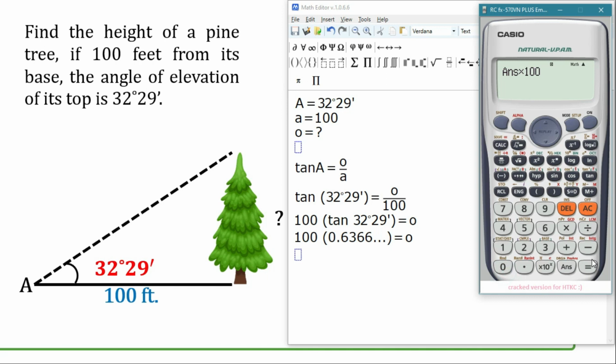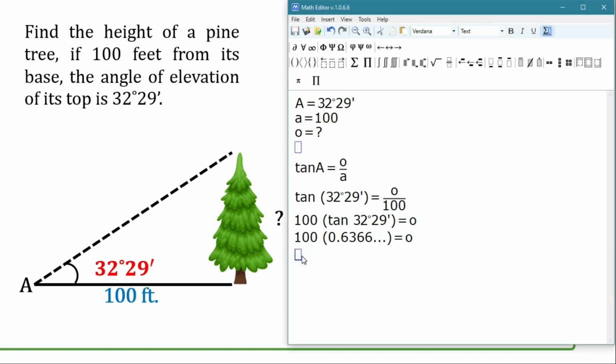That's gonna be equivalent to 63.67 rounded off to the nearest hundredths. So, the opposite side will be equivalent to 63.67 feet, since the unit of measurement used in the problem is feet. Or we can actually say that the pine tree's height is 63.67 feet.